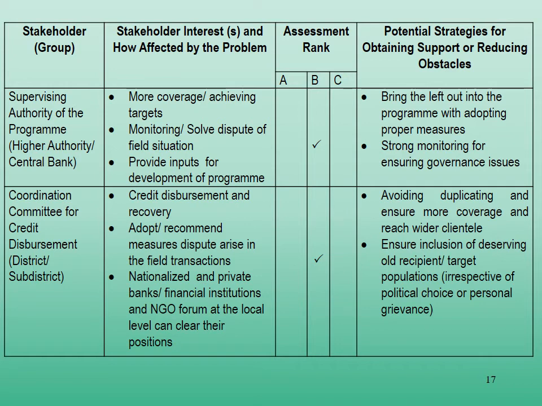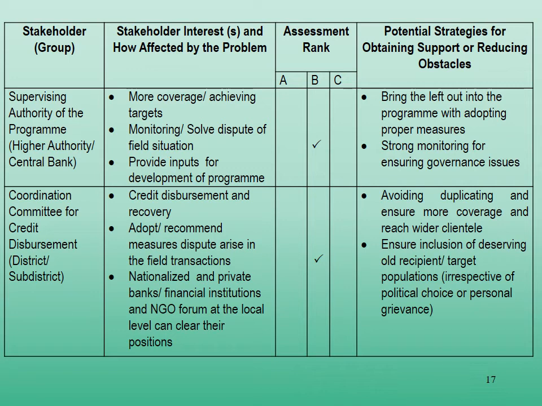What are the things they are concerned with? Concern is credit disbursement and recovery, adopting recommended measures, disputes arising in the field, and transactions. Nationalized and private banks, financial institutions, NGO forums at the local level can clear their positions.